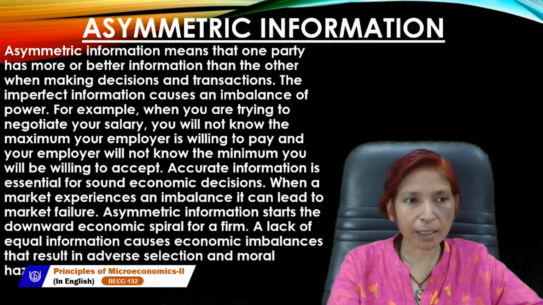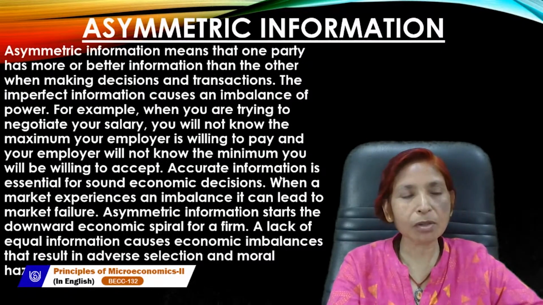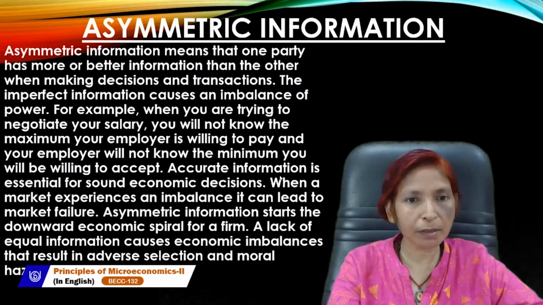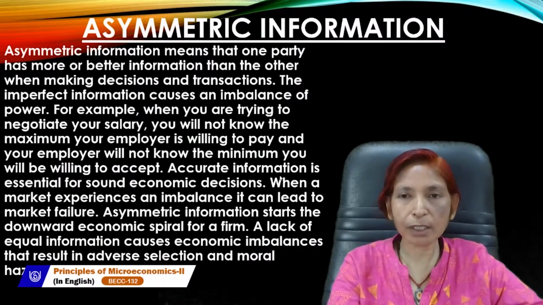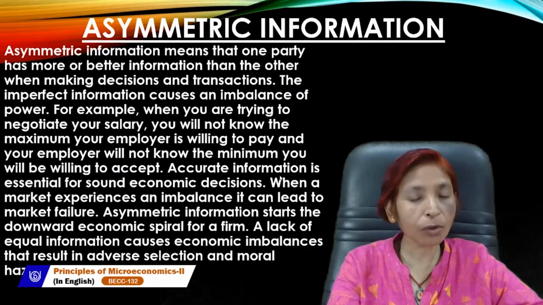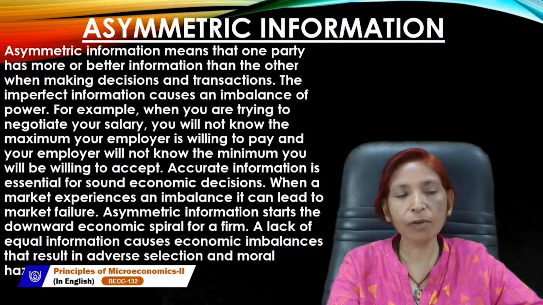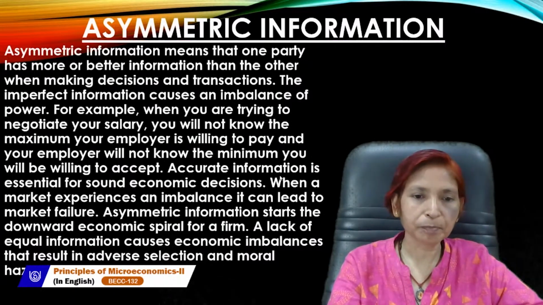The imperfect or incomplete information causes an imbalance of power. For example, when you are trying to negotiate your salary, you will not know the maximum your employer is willing to pay, and your employer will not know the minimum you will be willing to accept.